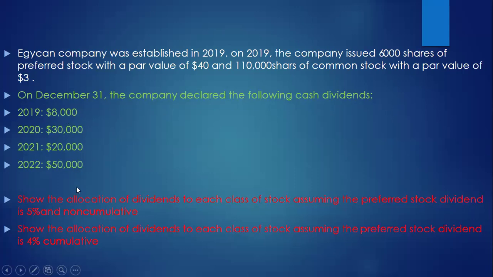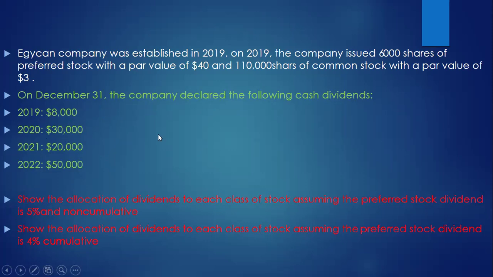That means if you carry non-cumulative, 8,000 and 4,000 equals 12. Your 4,000 will not be paid at that time, and neither for the next year. You're not going to carry it over to the next year because this is non-cumulative. However, if it was cumulative, then you're going to get 8,000 and carry over 4,000 to the next year when they distribute 30,000.